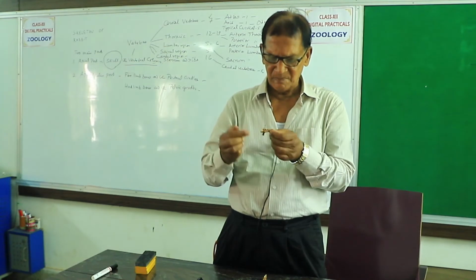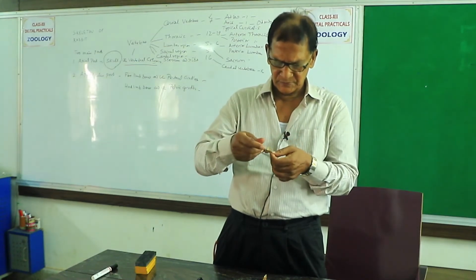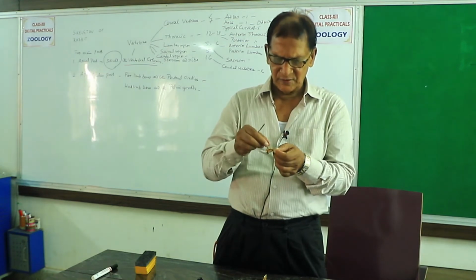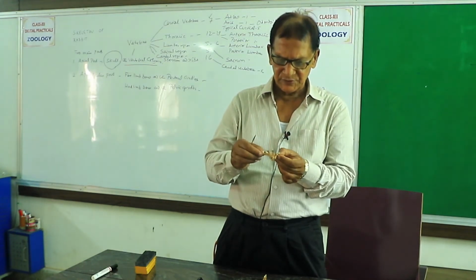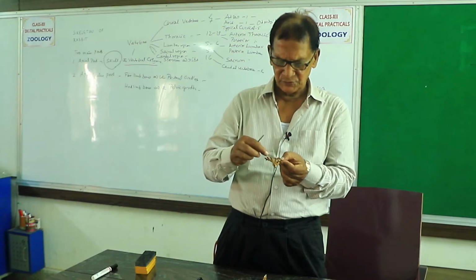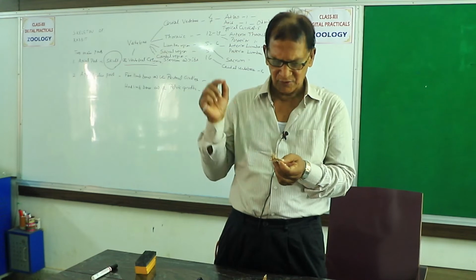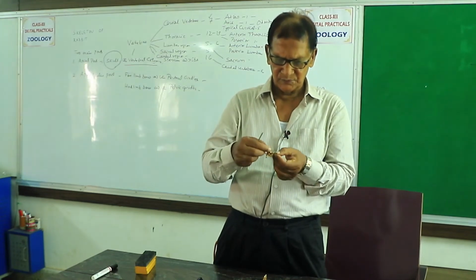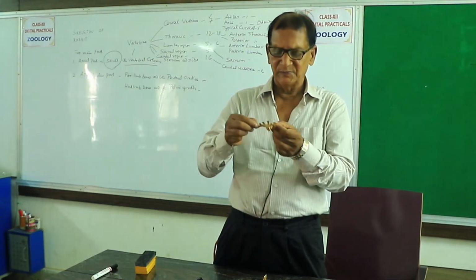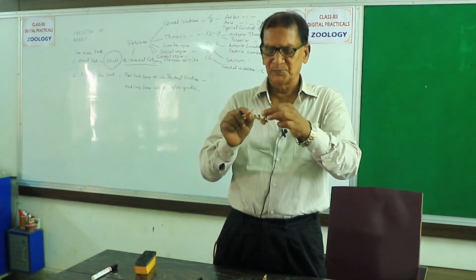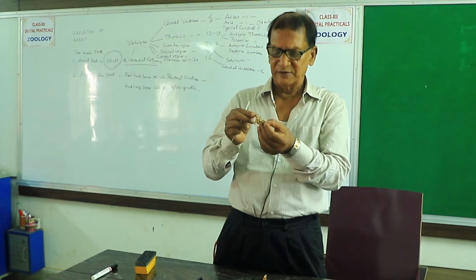This is the centrum. Then you have this neural canal. Then you have these neural spines. As you can see, 1, 2, 3, 4. So 4 sacral vertebrae are present, not 5. So 4 neural spines can be easily identified. Each of them belongs to a particular sacral vertebra.